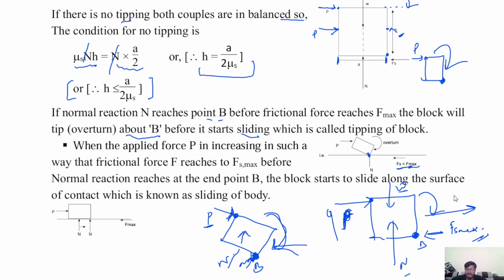The P is slightly increasing and the friction force also increases to Fs before the normal reaction reaches the end point. The body will slide, means this normal reaction acts at the middle of this object and there is formation of a balanced couple, then the body starts to slide. This condition is known as sliding of a body.